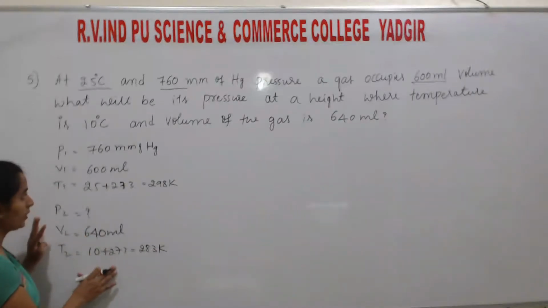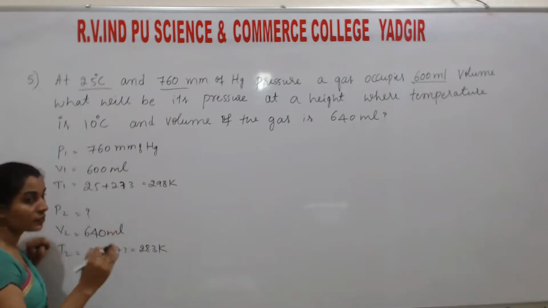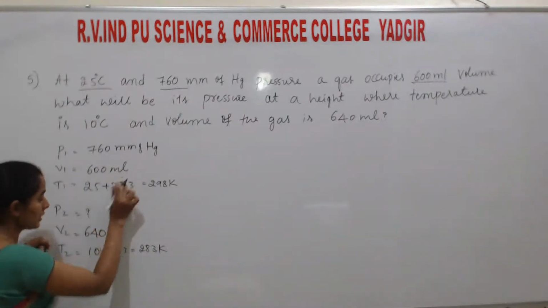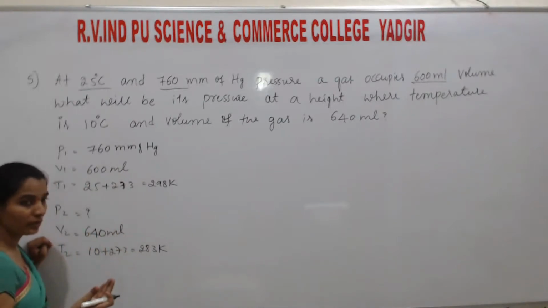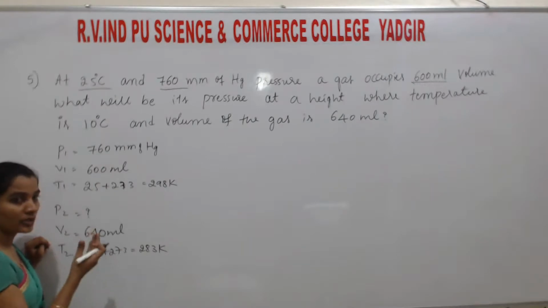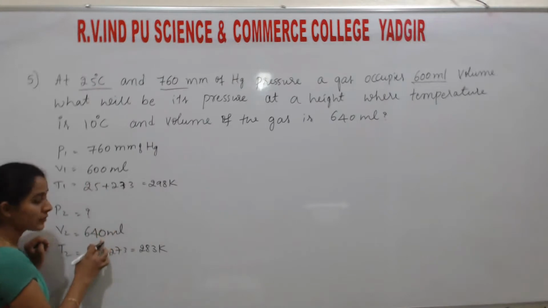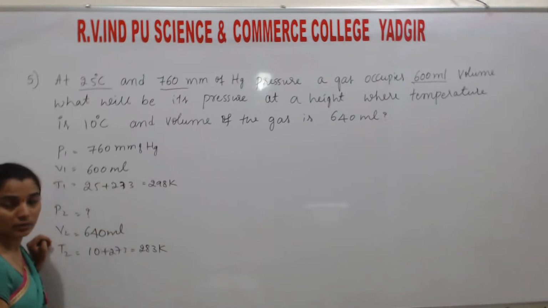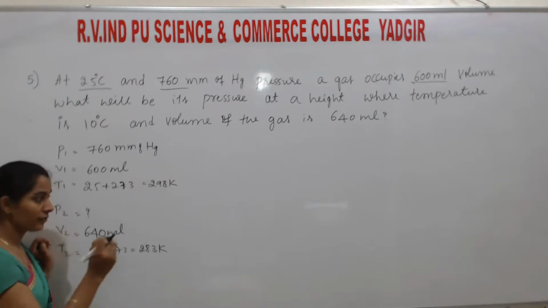So let's compare here. What is the relation between pressure and volume? If pressure increases, volume decreases. Understand? Here volume is 600, here it is 640. If volume increases, what happens to the pressure? Pressure and volume are inversely proportional. So it should decrease.